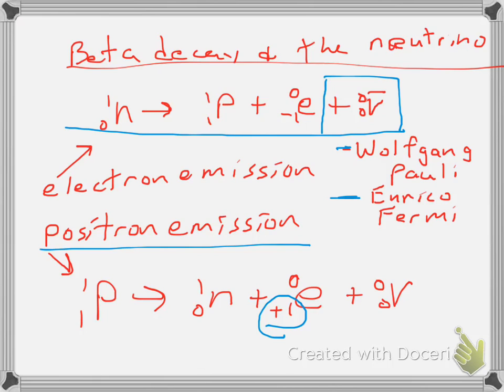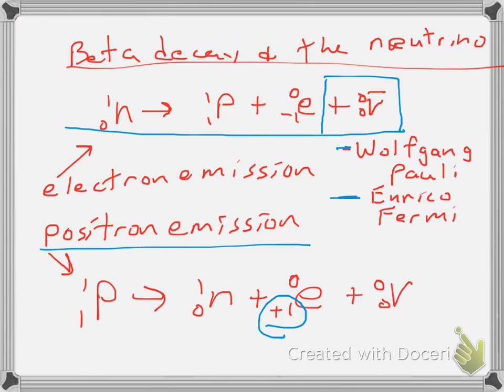So they were wondering where the other energy is going. In other words, they couldn't find it in the electron and the proton together. So they hypothesized that there must be another particle that takes up the energy that's being released during the decay.